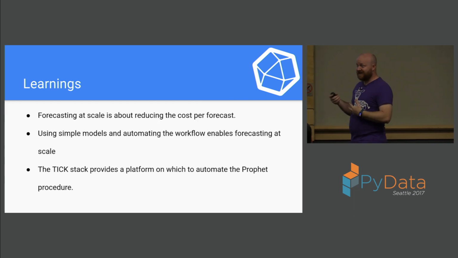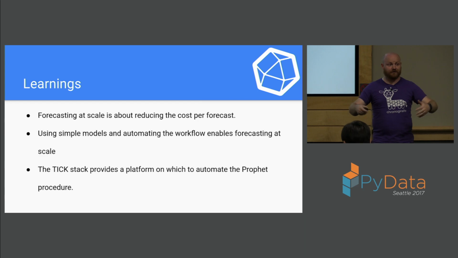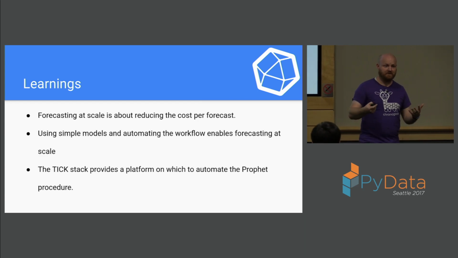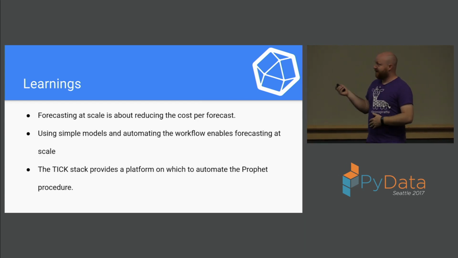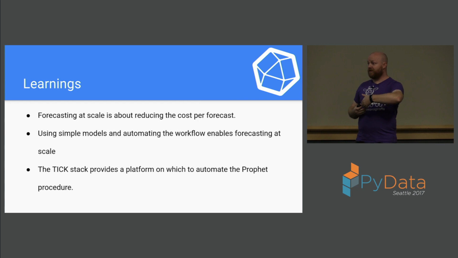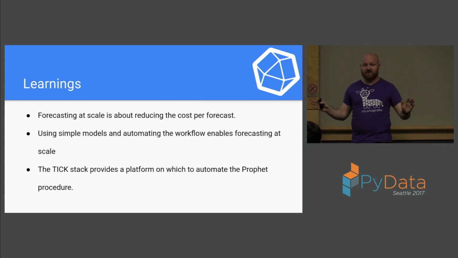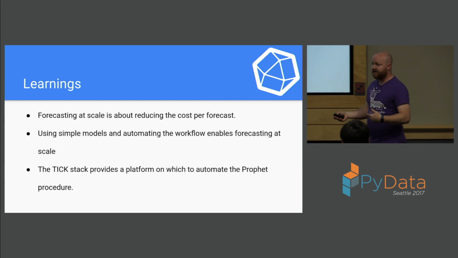Which means that Kapacitor has built into it all of these systems and tools to be able to alert you proactively about issues, right? So what that means now is you don't have to actually even go to a Grafana or Chronograf dashboard to look at them. If one of your models starts to go haywire, you just get a page on your phone, and then you go look at it. And then you don't spend your day worrying about this thing. If you're getting silence, things are good. If you hear something, you go look at it.